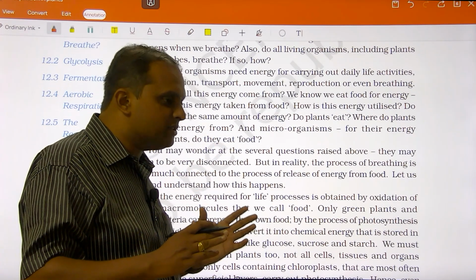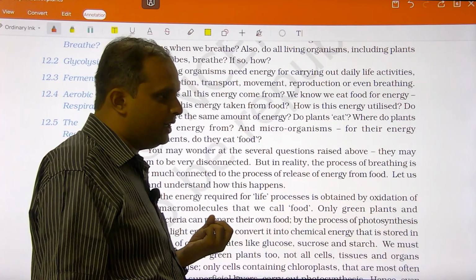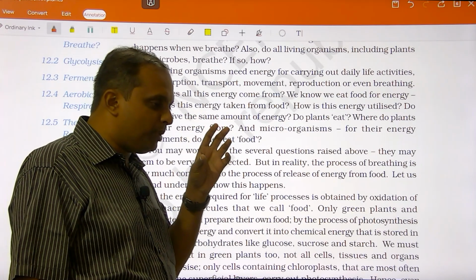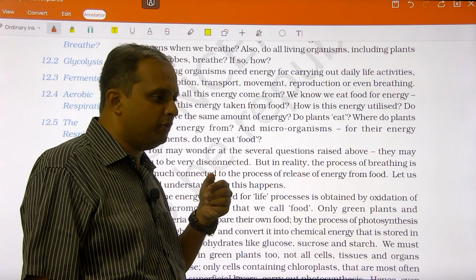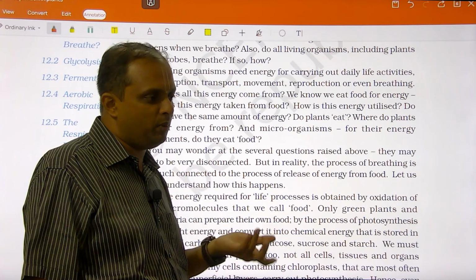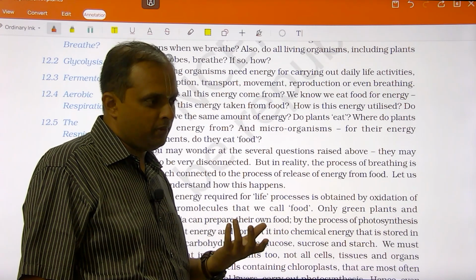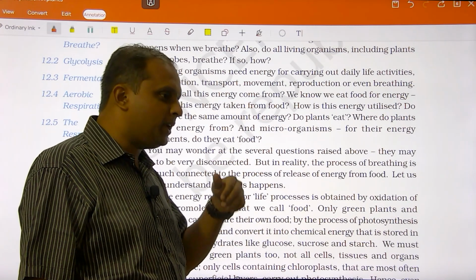Plants themselves produce food by trapping the energy from sunlight through photosynthesis. Some of the food prepared by the plant is utilized by the plant only, and some is consumed by herbivores and carnivores. We ourselves are heterotrophs. So food is obtained from plants, and O2 is obtained from the atmosphere.